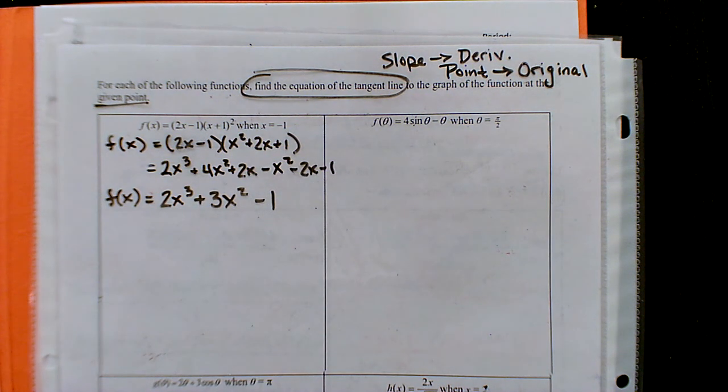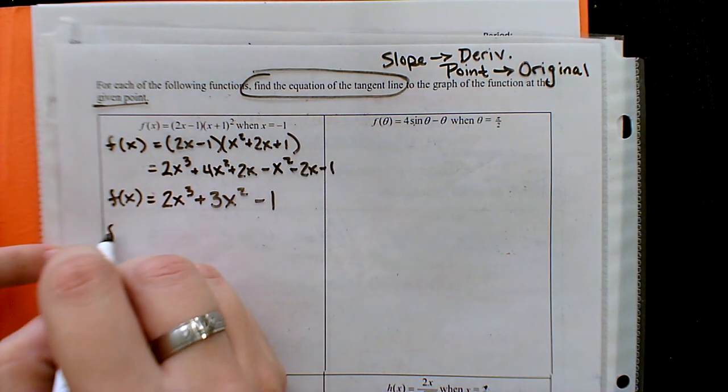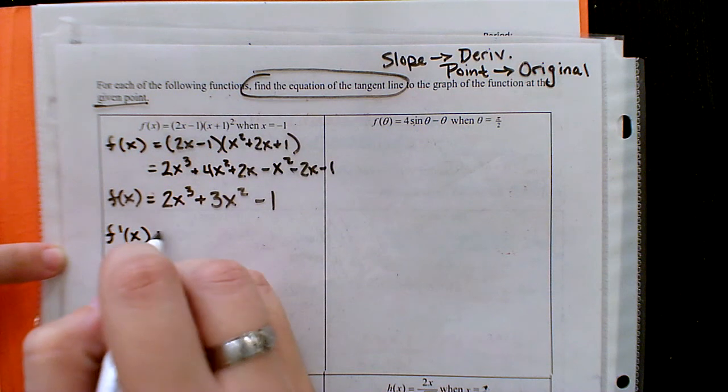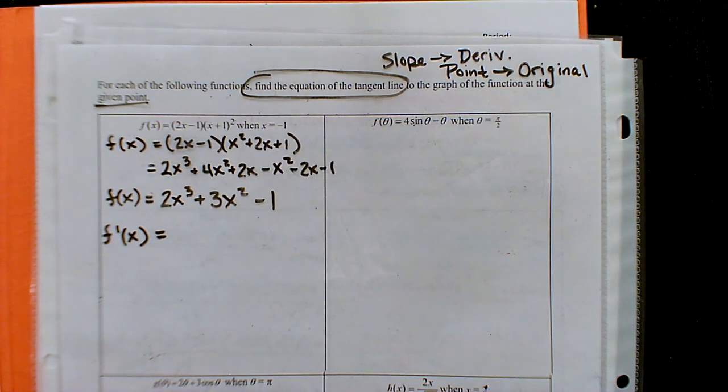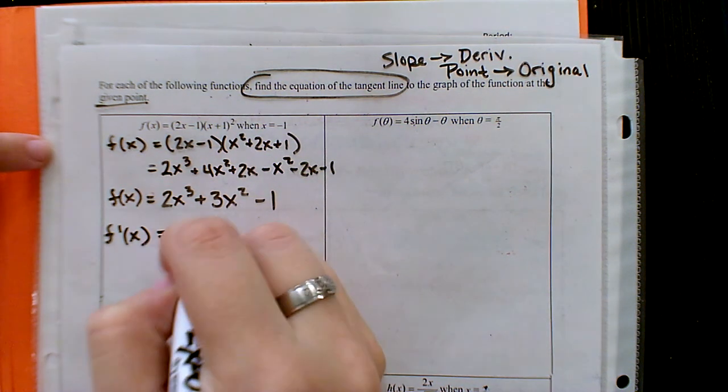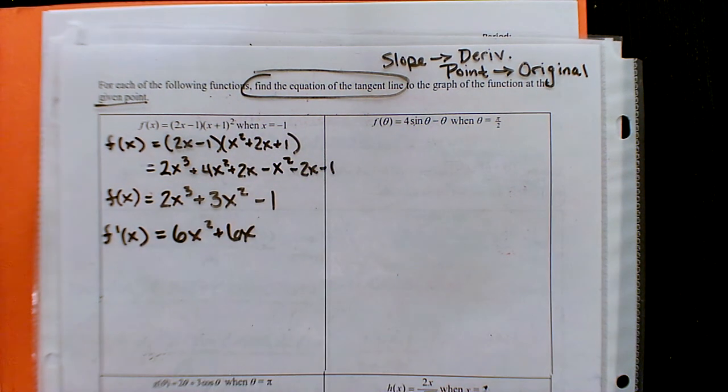We didn't use any derivative shortcut. We just rewrote the way it looked. So if that's the original, f of x, let's go ahead and find the derivative, f prime of x, that little apostrophe. Can we use the power rule from yesterday really quickly? Are we that good at it so far? We got 6x squared plus 6x, right?